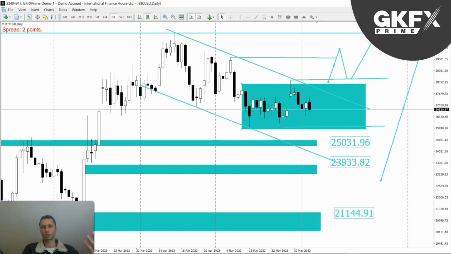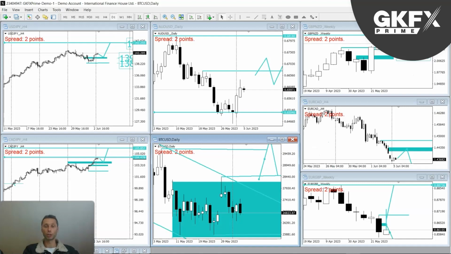It's not showing us an obvious direction, and we want to see clear directional bias in order to make use of the chart, use of the market, whichever market it is. So if you haven't noticed already, most of the time we're making use of the trend and waiting for the time when it is actually established properly and the probabilities are in our favor.